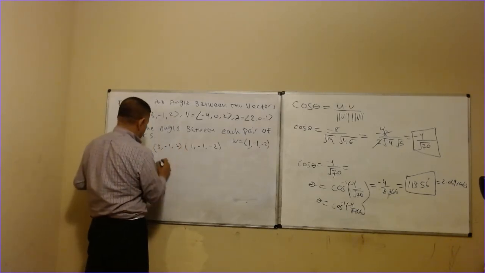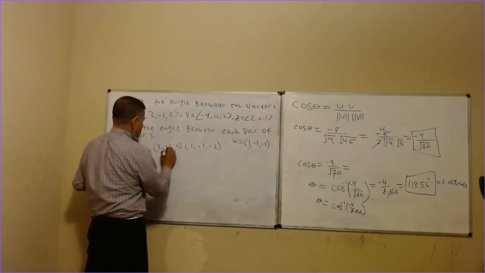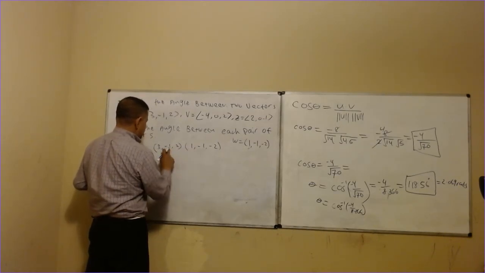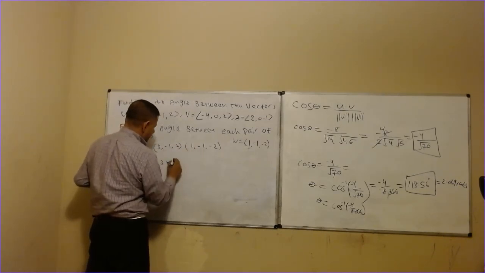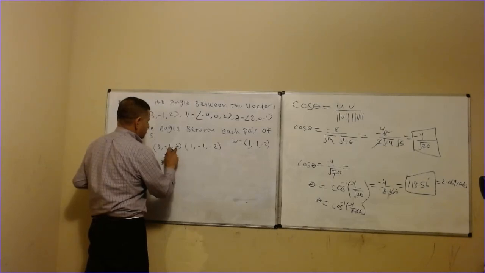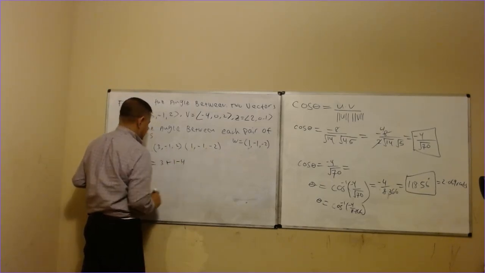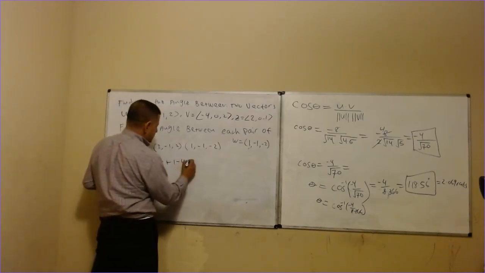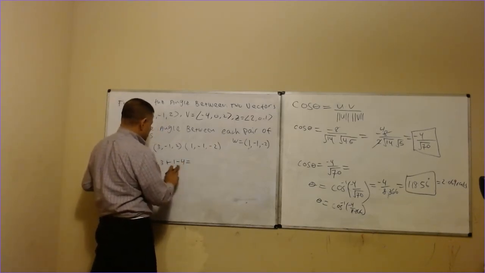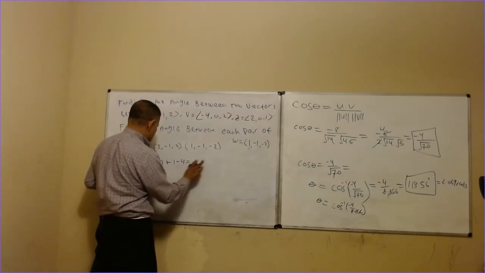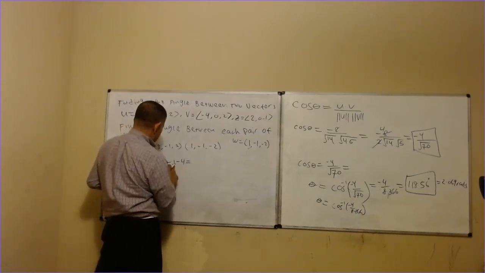When I do this, it's going to be 3, plus 1, and this time a negative, so minus 4. That is going to be equal to 1. Actually, 0?